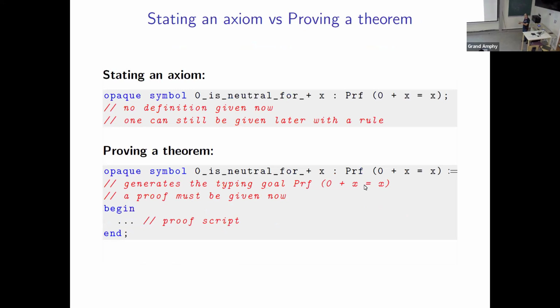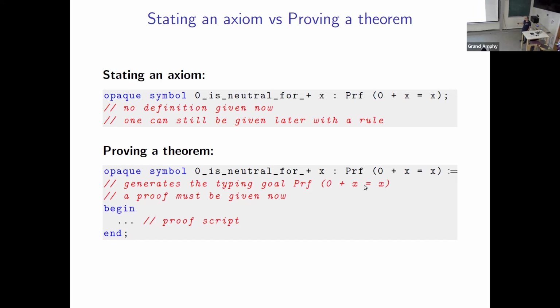And so I mentioned this a little bit before. What is the difference between stating an axiom and proving a theorem? In this case, the only difference is whether you give a definition or not. If we keep the example of natural numbers, we may want to prove that 0 plus x is equal to x using the definition of addition on natural numbers we have seen before.